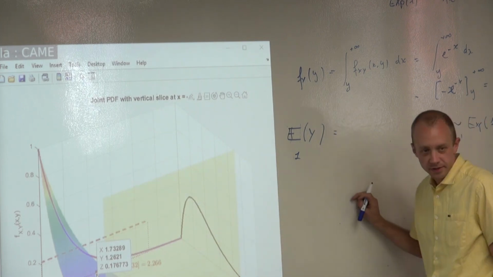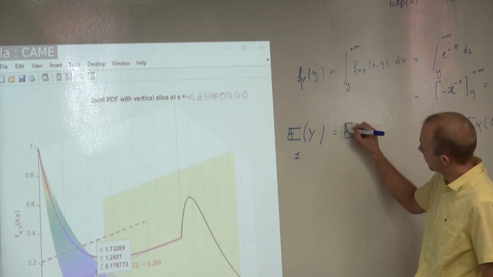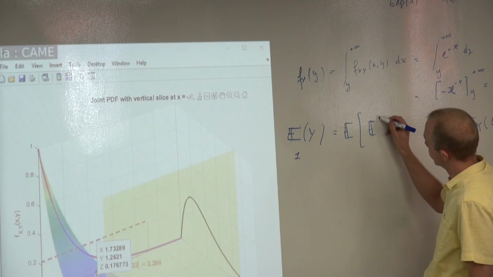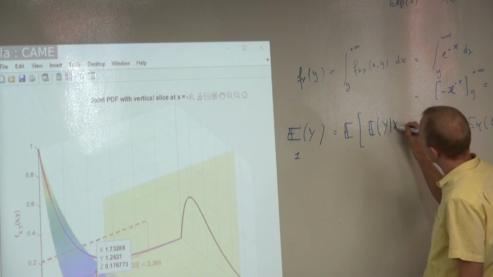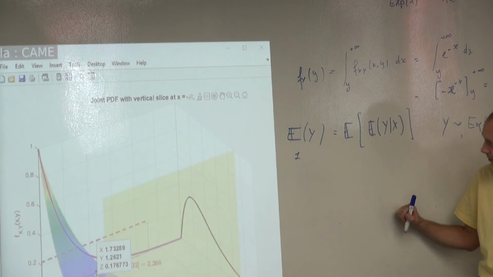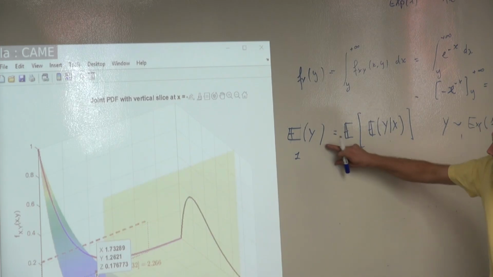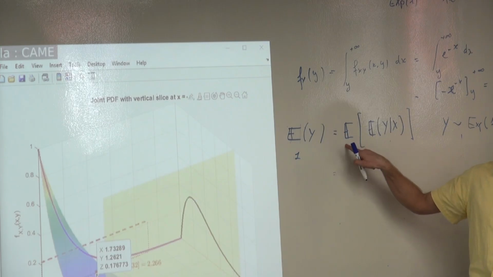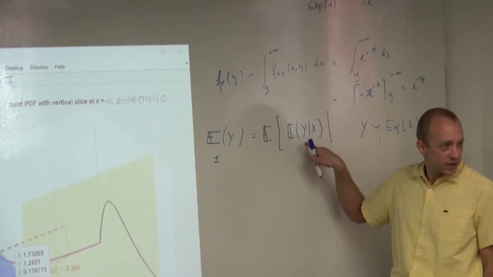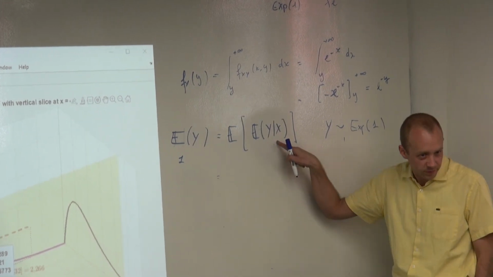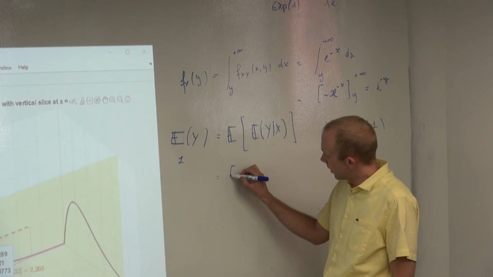Okay, let's see if we can do it in this way. No? This is the law of total expectation that you have seen with me, or you have seen with someone else, but you have to know, no? So what does it mean? You take the average, the expected value of this guy. This is a random variable, so taking the average of a random variable totally makes sense, no? Yes?